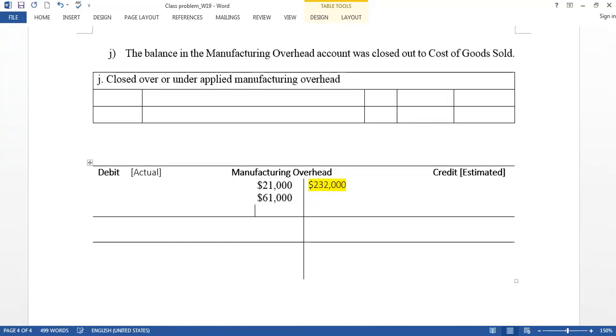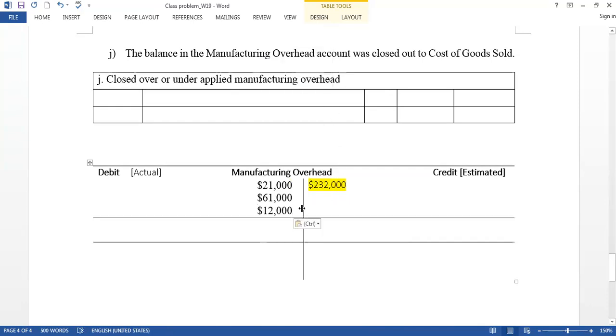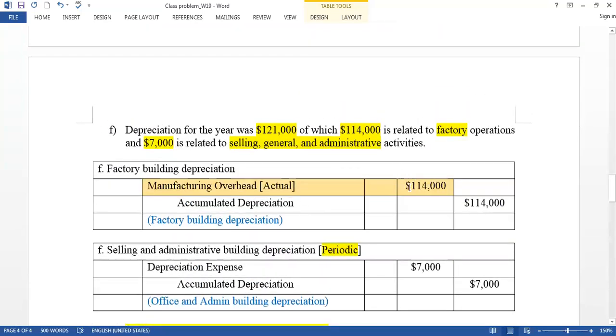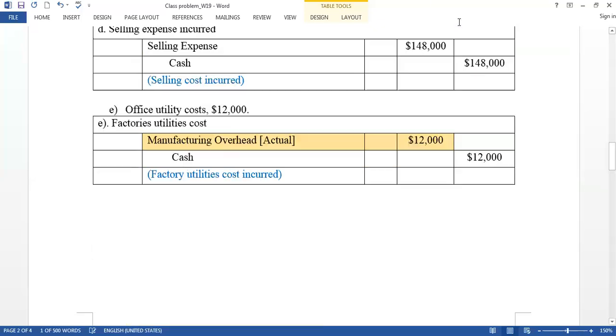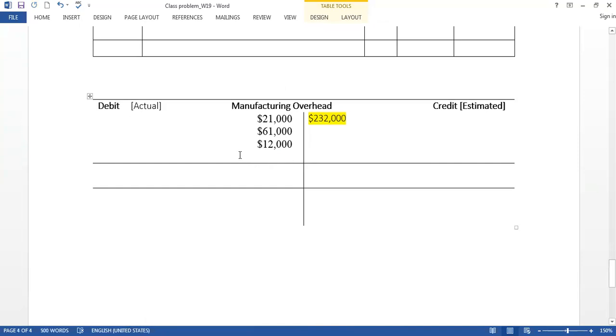So debit item goes to the debit side, credit item goes to the credit side. You know this from your Principles of Accounting 1 course. Then $114,000 debit. Now we write debit item in the debit side, credit item in the credit side.